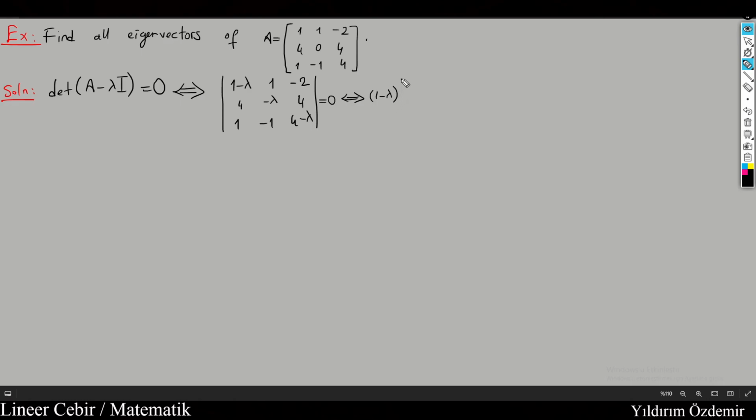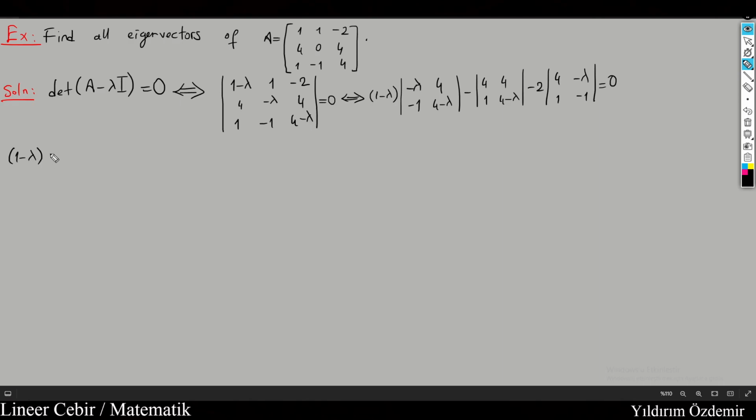1 minus lambda times minus lambda times 4 minus lambda minus 4 times minus 1, minus 4 minus lambda minus 4, minus 2 times 1 minus lambda minus 1 is equal to 0.